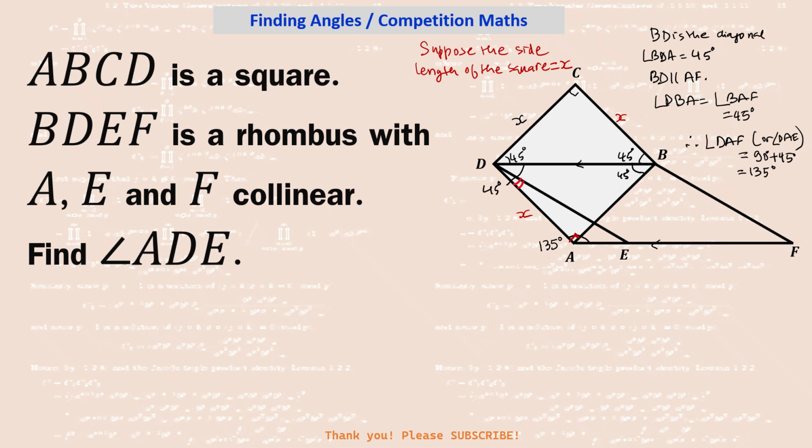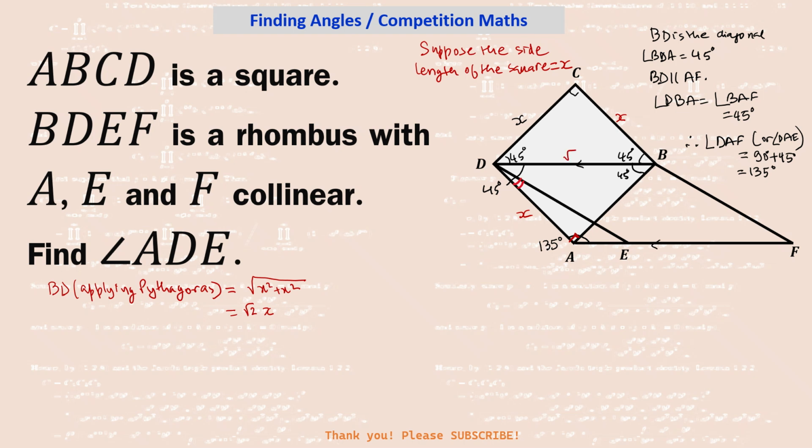Now what about the sides of the rhombus? BD being the diagonal, by applying Pythagoras theorem, BD is equal to the square root of x squared plus x squared, that is square root of 2x squared, root 2 times x.